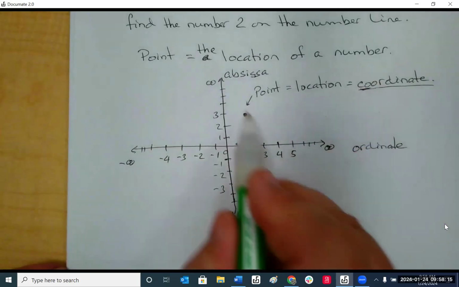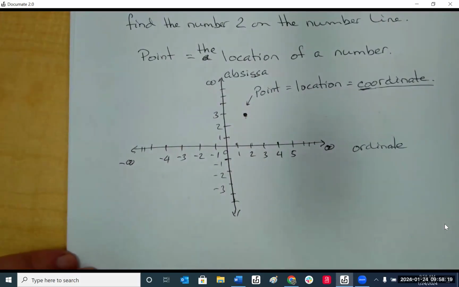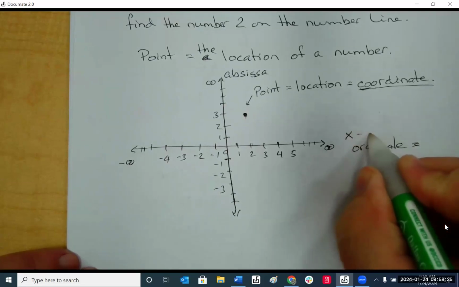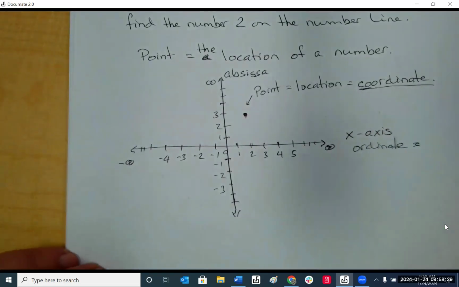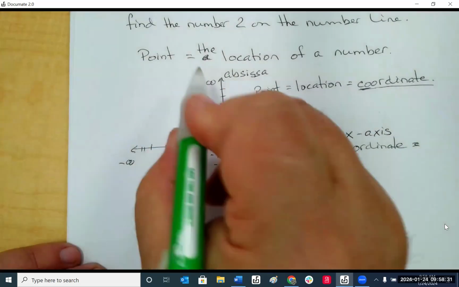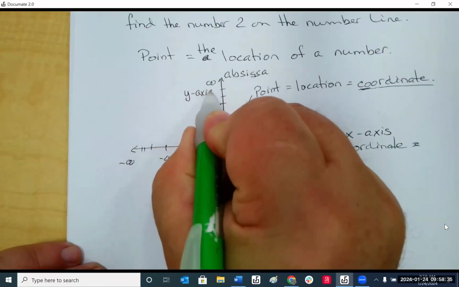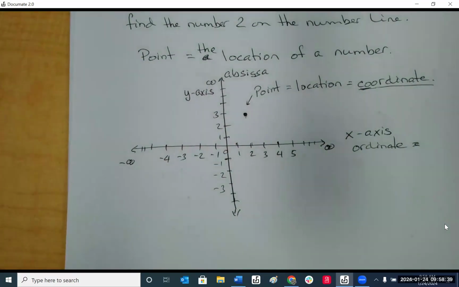So coordinates. This location is made up of two parts. We call the horizontal axis the x-axis. And we call the vertical axis the y-axis.